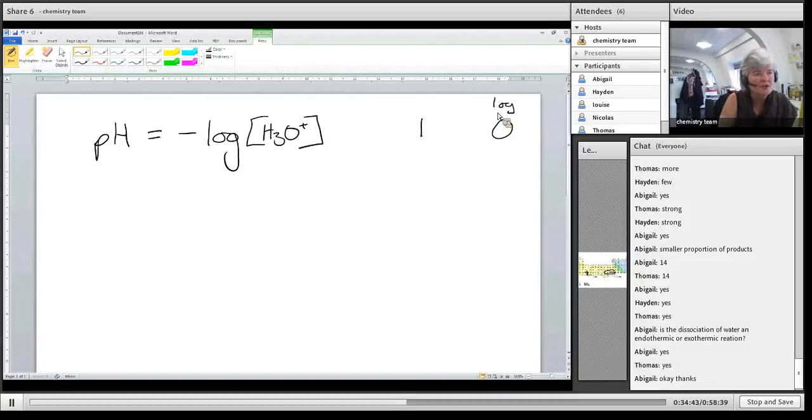So this is the log value, this is the number. So your normal numbers. Okay, so 1 will have a log of 0.